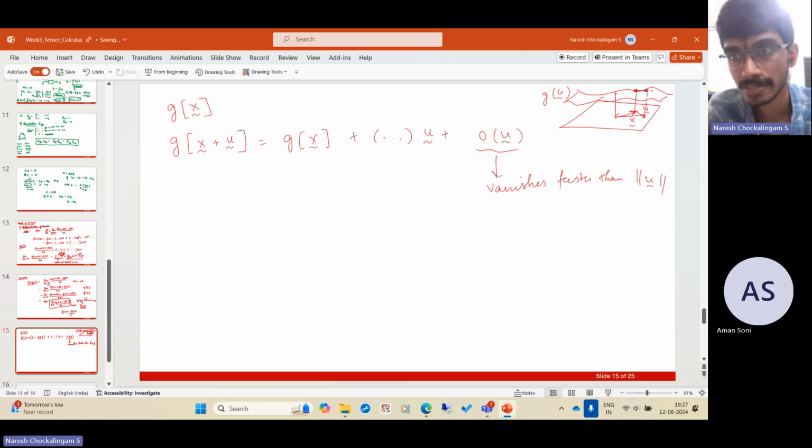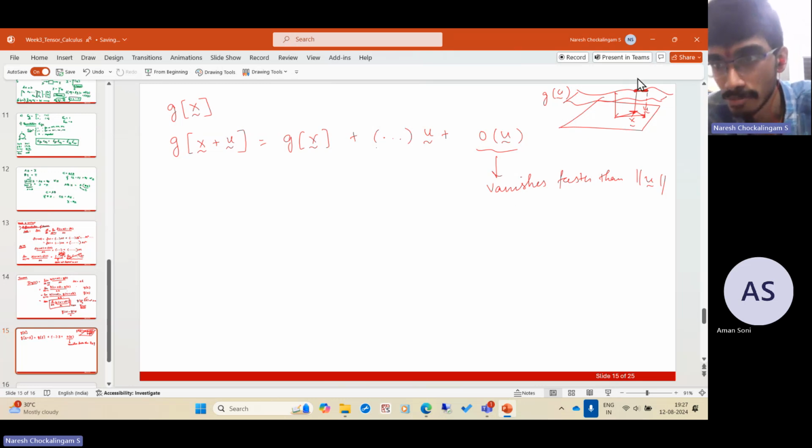Now this difference has a certain dependence on u, but there are terms that are of the order u, which means if you divide it by the magnitude of u and let that magnitude tend to 0, this will remain constant. And you have terms which vanish faster when u goes to 0.